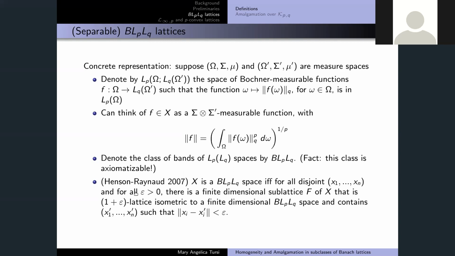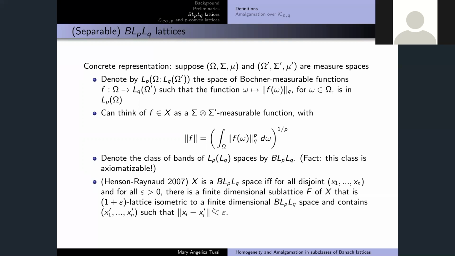And the class of bands, we'll call it BLP LQ. This class is axiomatizable, meaning that I can have a collection of metric sentences that completely capture this class. That's kind of nice, and it gives you nice properties. LP spaces are themselves like this too, but it's not the case for just plain LP LQ spaces.